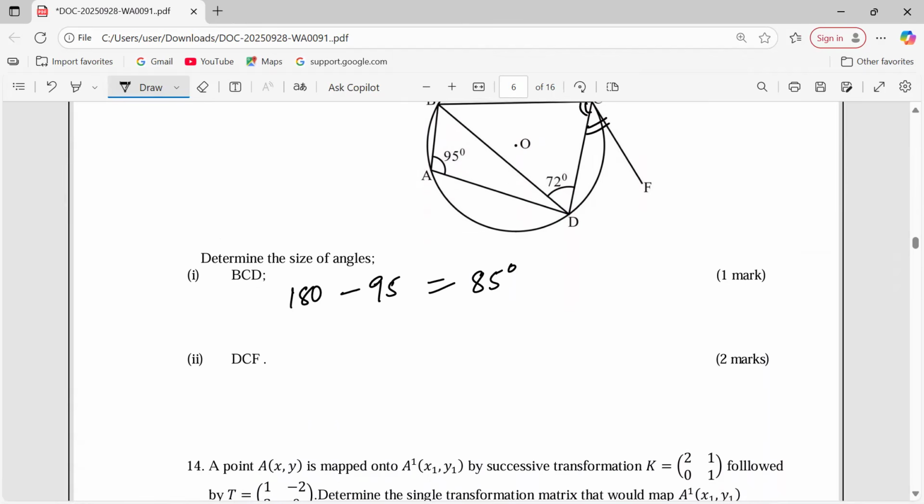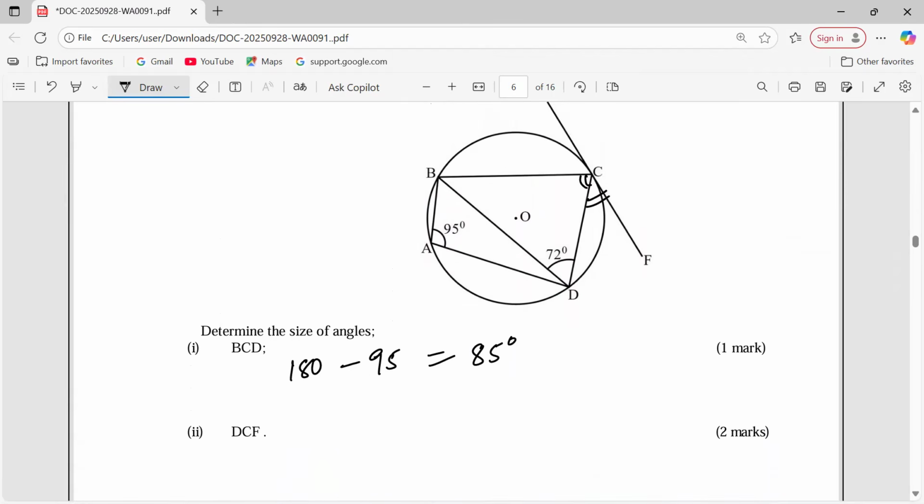We need DCF. Already we've discovered that the value of the angle here is 85. Then we can apply more mathematics and say, if that is 85, and we are having 72 here, then we can get the angle at this point.